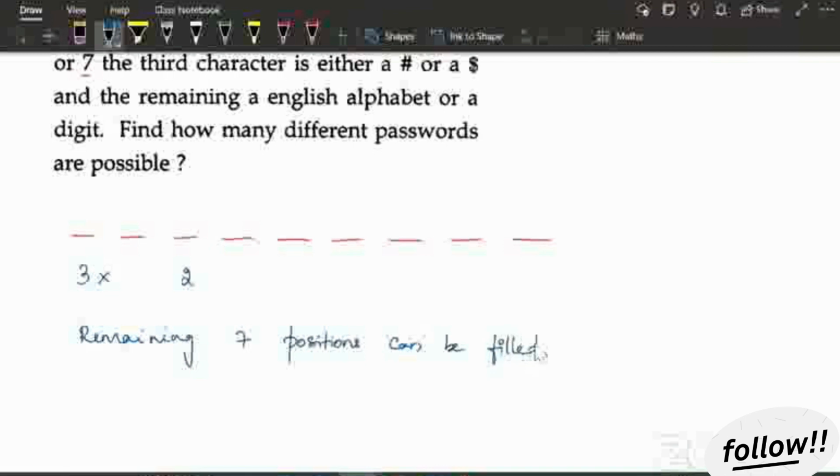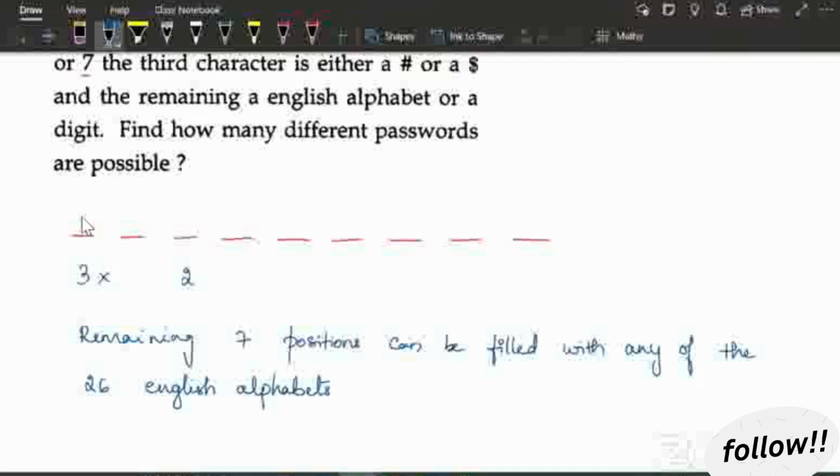Always, as I told you, unless and until it is given that we can repeat the digits, we are going to consider that digits or alphabets are not repeated. That is what we are going to consider. The remaining 7 positions can be filled with any of the 26 English alphabets. Okay. Because we have not used alphabets now. I have used one of the digits here. In this 3, I have to put 1 digit.